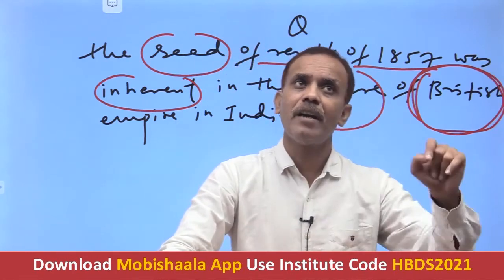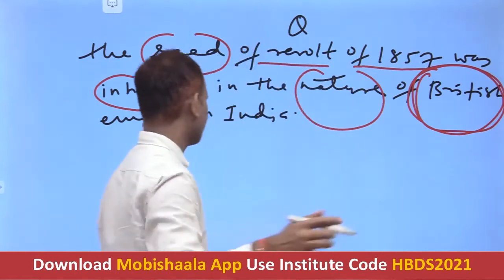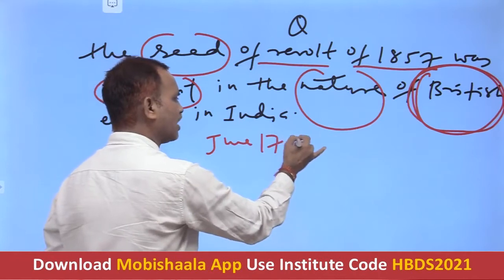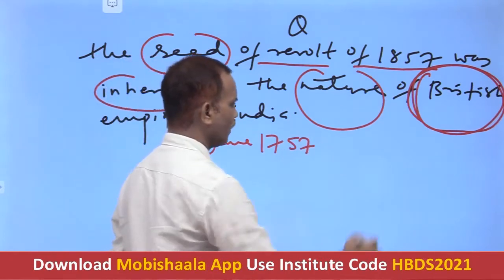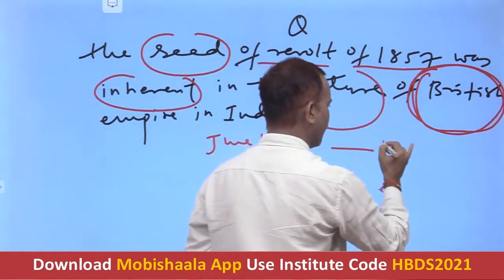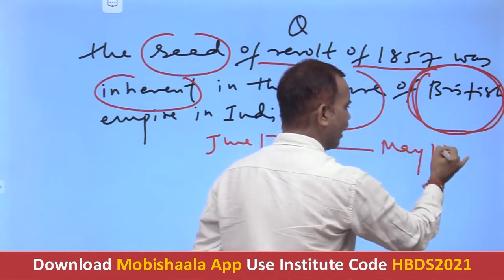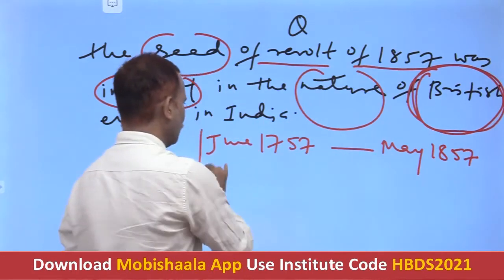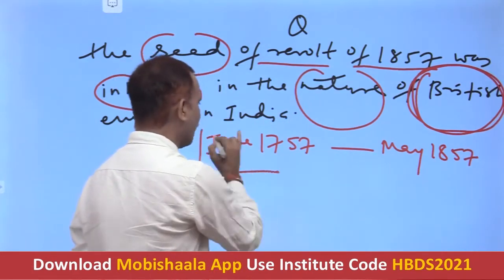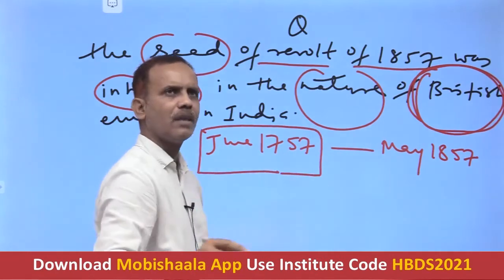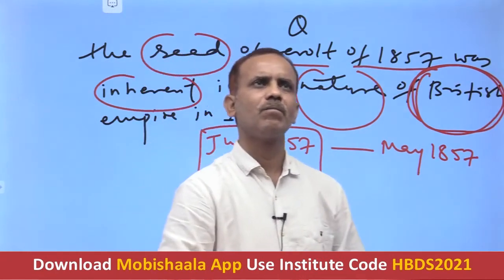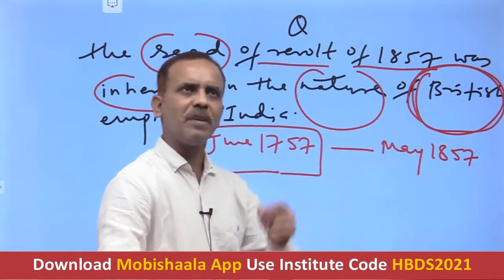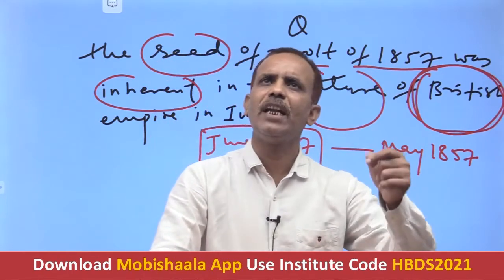In the last 100 years, remember, in June 1757, and this is May 1857. June 1757 means the Battle of Plassey, and May 1857 means the revolt of 1857.